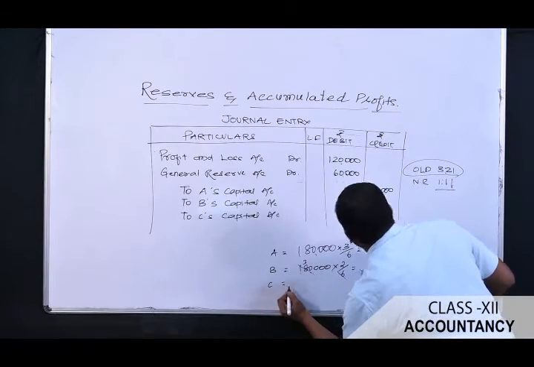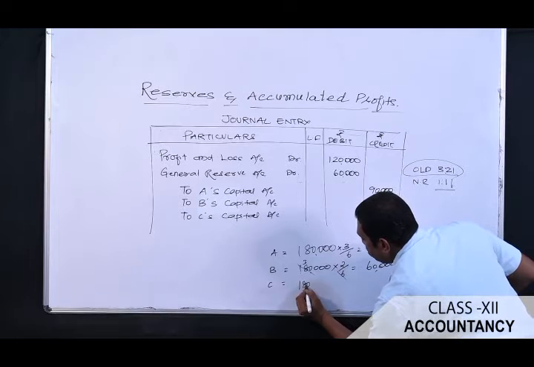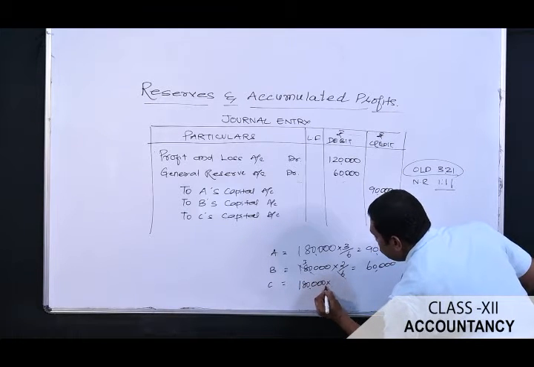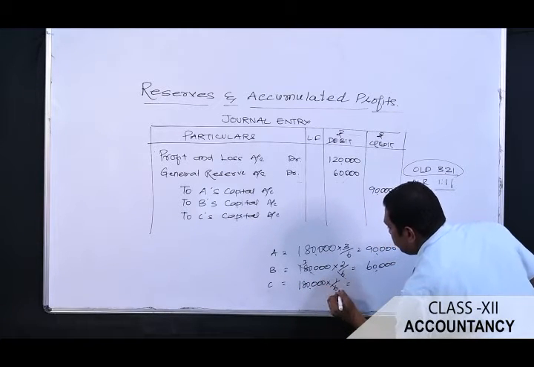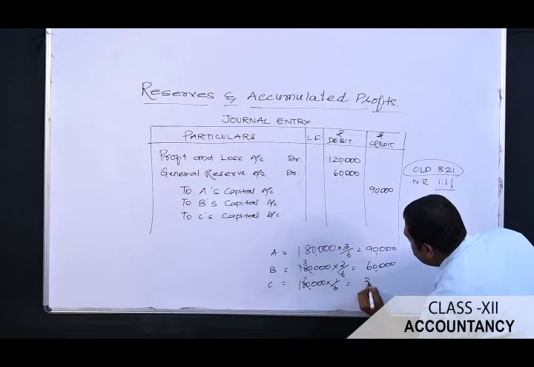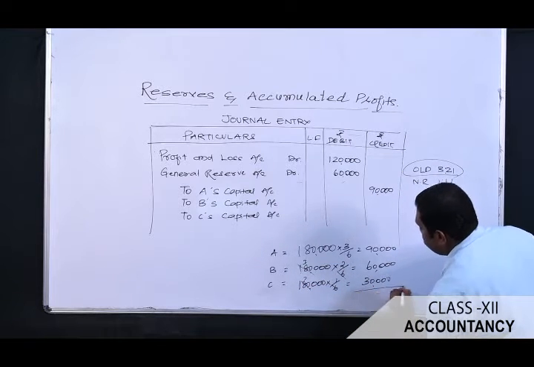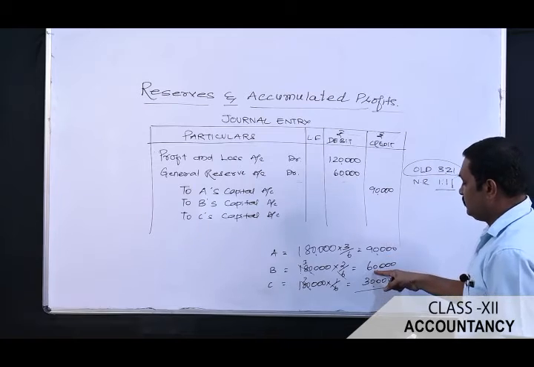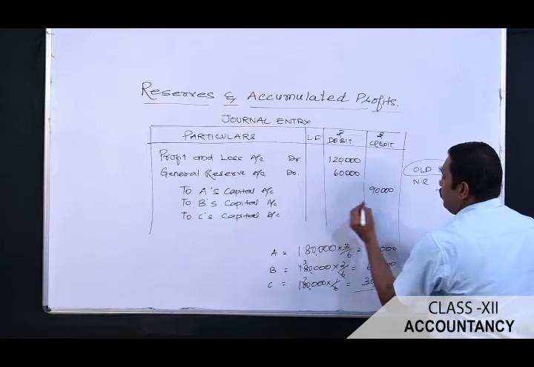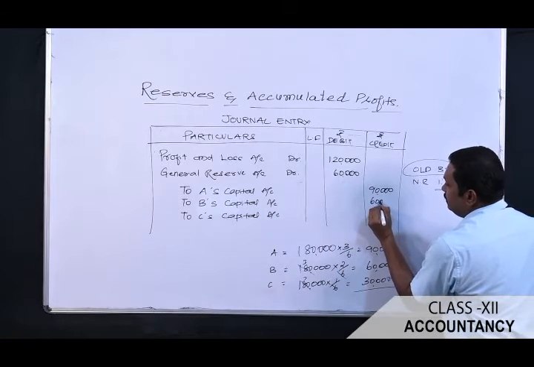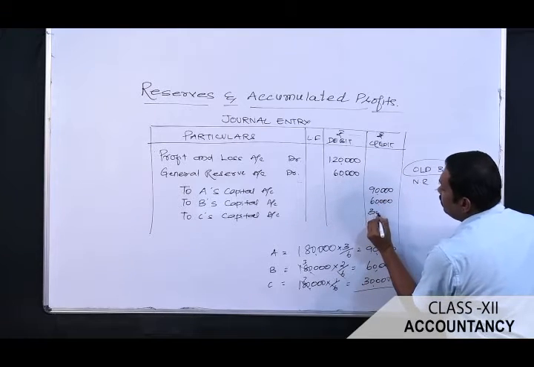And for C, 1,80,000 into 1/6, 30,000. Total 90,000, 60,000, 30,000. So for B, 60,000; C, 30,000.